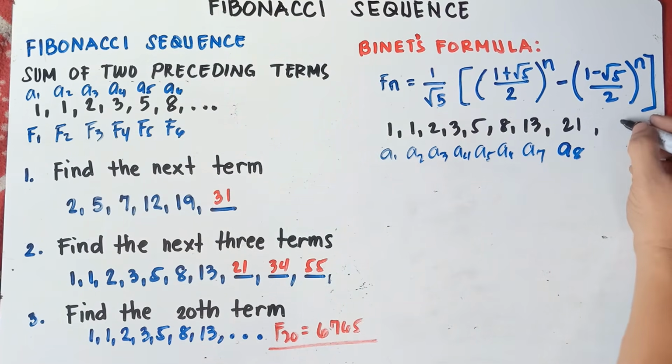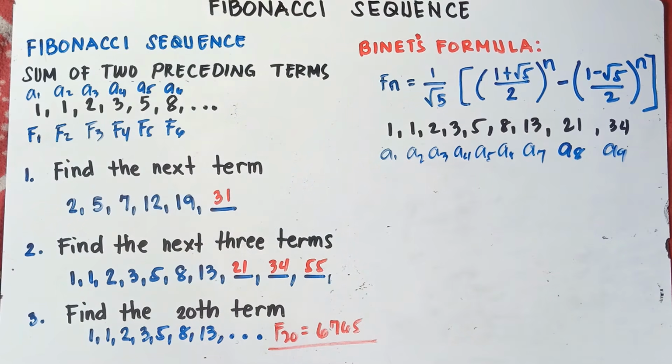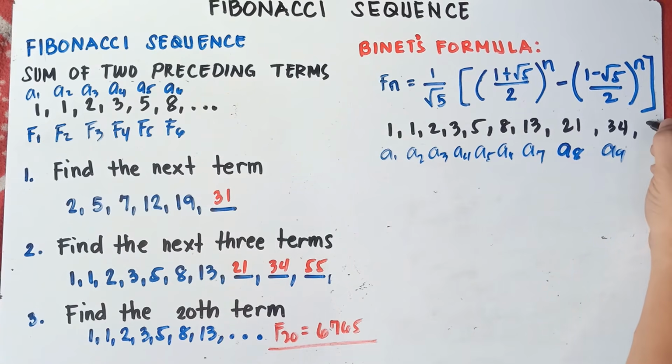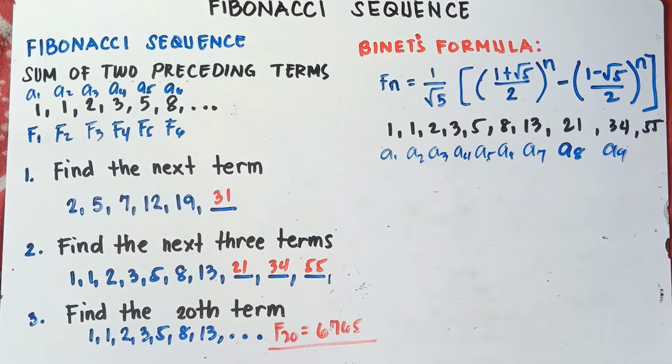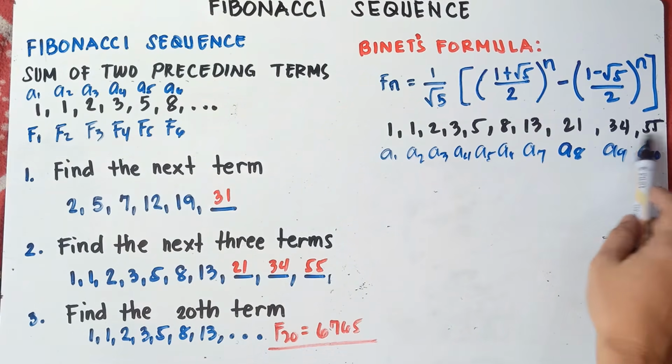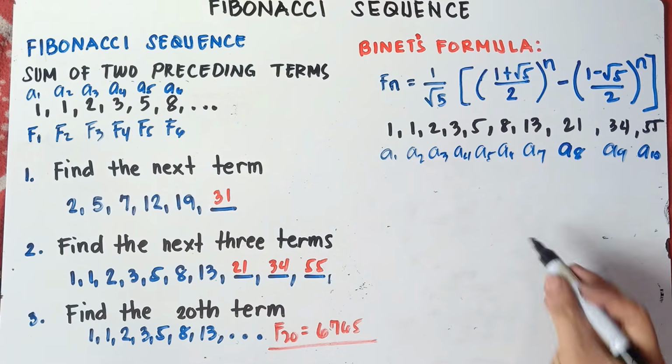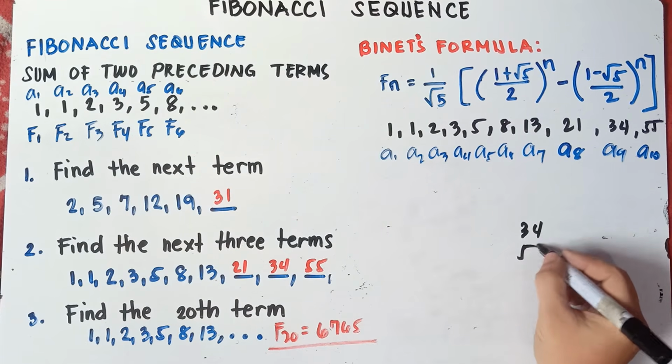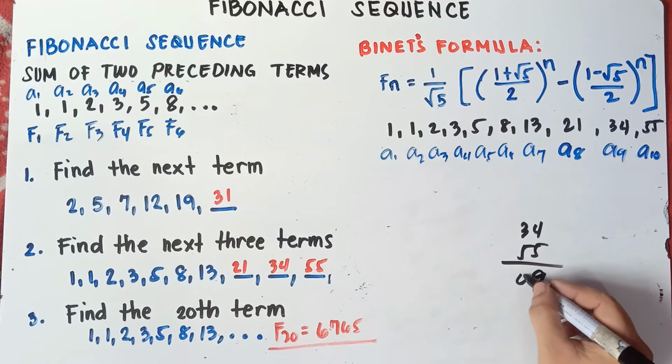21 plus 13, that is 34. That would be your 9th term. And your 10th term will be 34 plus 21, that is 55. That would be your 10th term. Alright, your 11th term, just add 34 plus 55, that is 89.